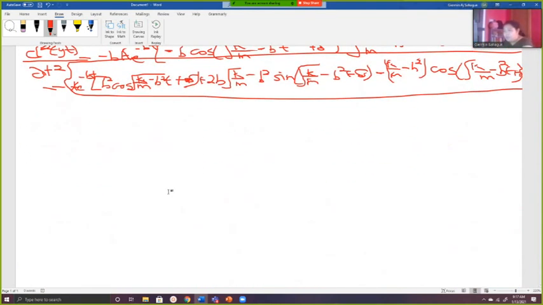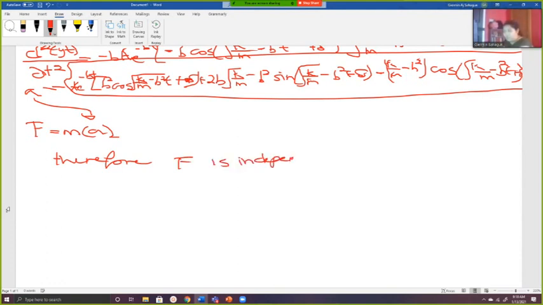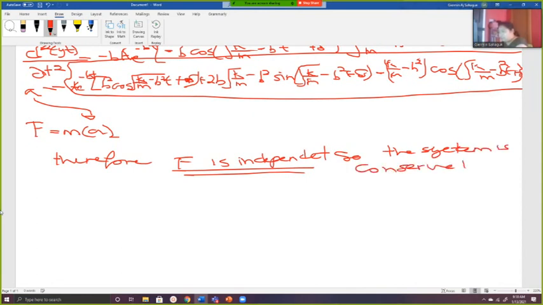Now that we know our a, we need F equals ma, so we just input this in ma. Therefore F is independent, so the system is conserved. So there we have it.